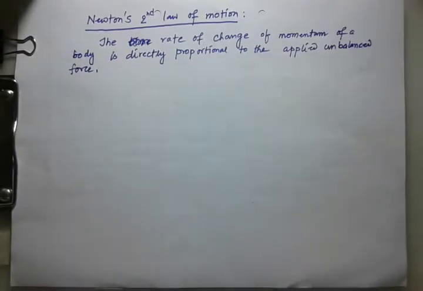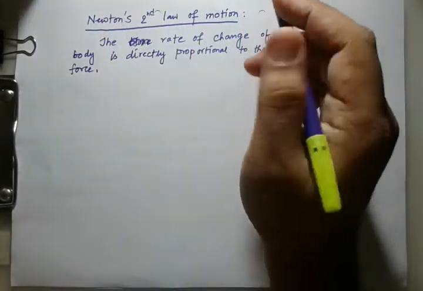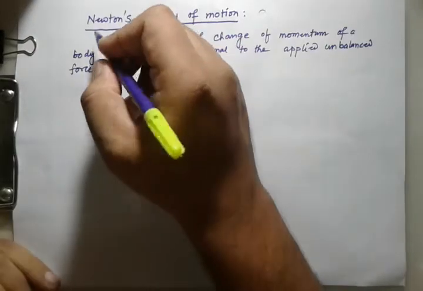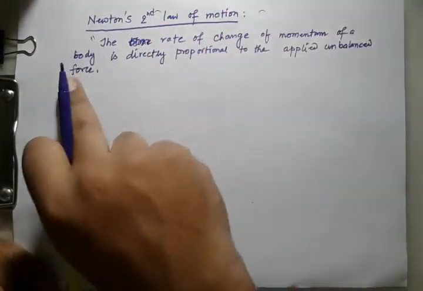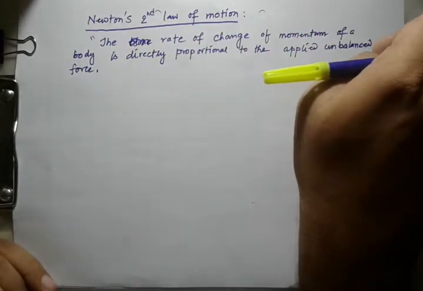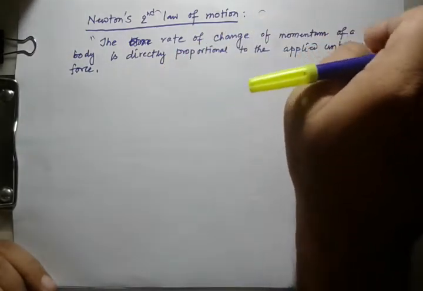So in this video we are going to learn about Newton's second law of motion. It's already written here. According to Newton, the rate of change of momentum of a body is directly proportional to the applied unbalanced force.